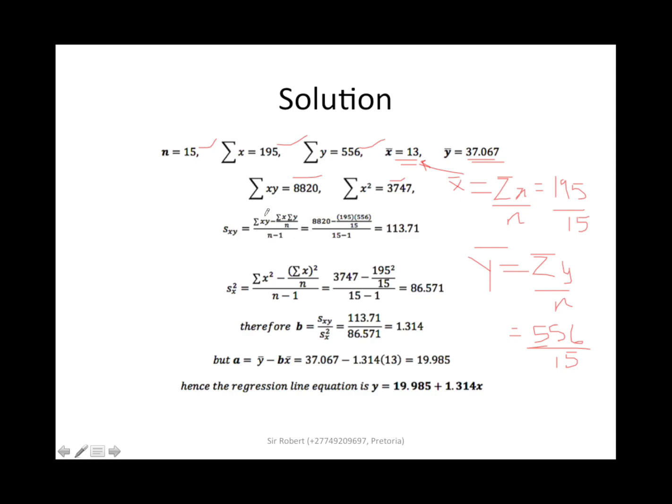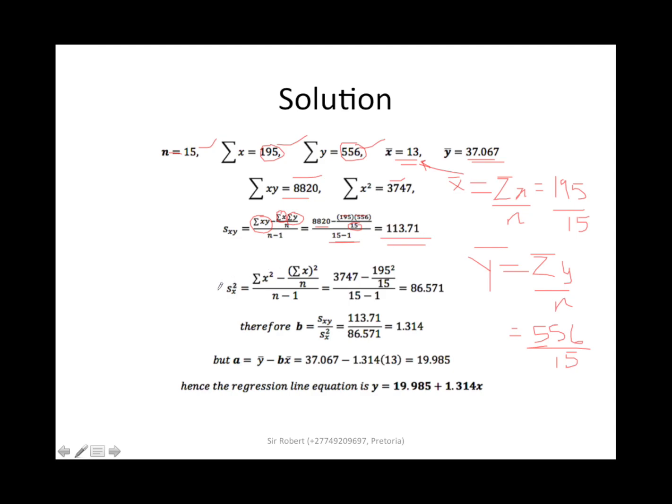You input your summation of xy, then your summation of x and summation of y. Then n is the number of items in the set, which is 15, and n minus 1 is 15 minus 1. Once you simplify it, you're supposed to get 113.71.